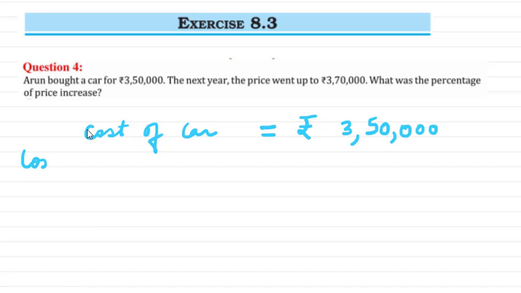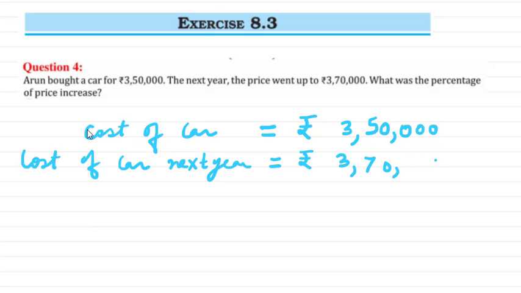So cost of car next year. So next year the cost became 3,70,000. So now you have to find out here the percentage increase. So to find out the percentage increase, we have a formula.